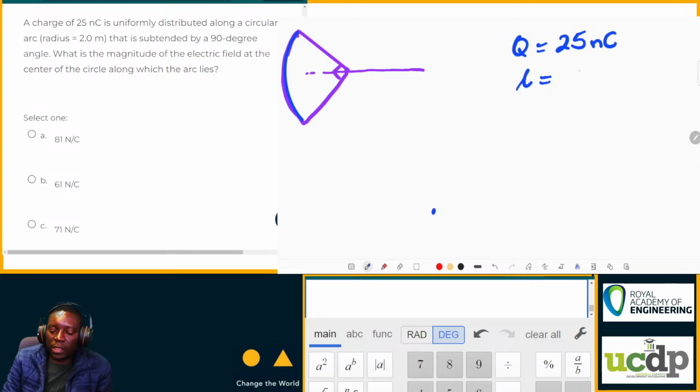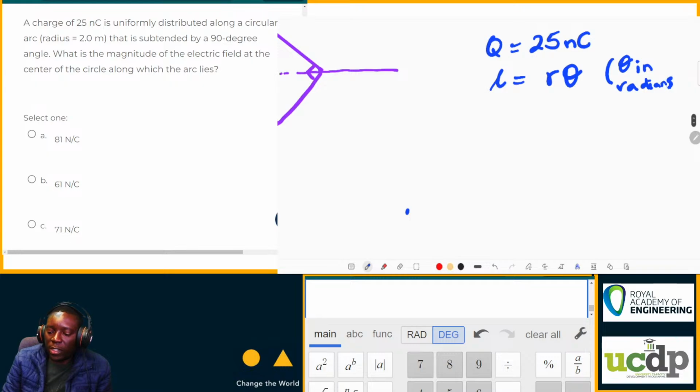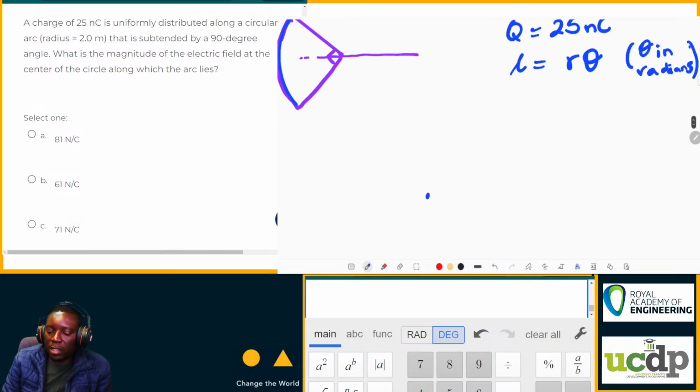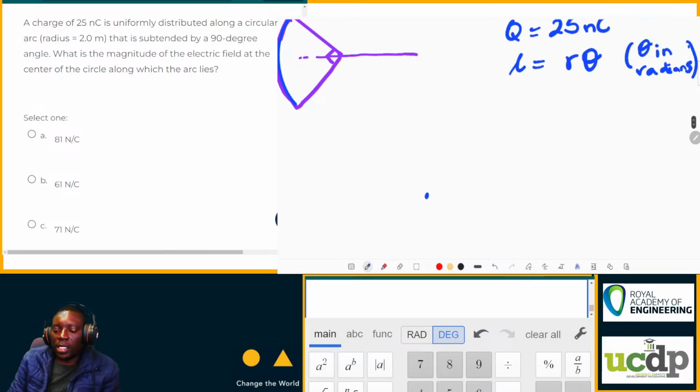Is it pi times radius? Remember the length for the whole circle will be 2 pi r. So that's r theta. So we'll call it r theta, where theta is in radians. If theta is in radians, then that length is r theta.